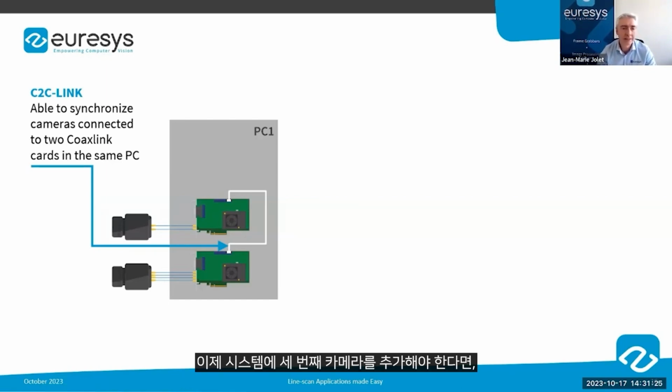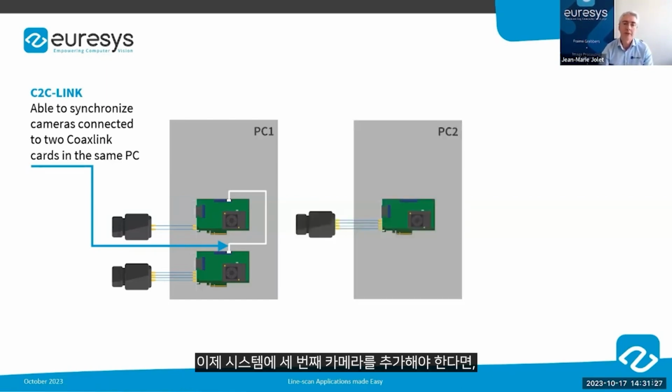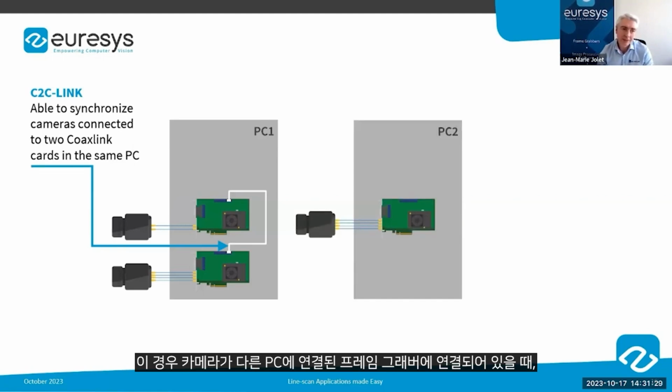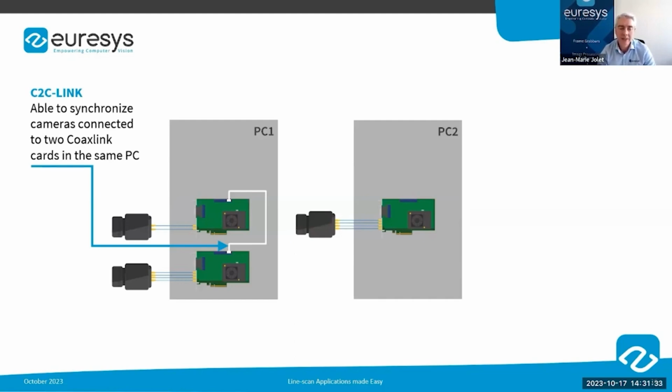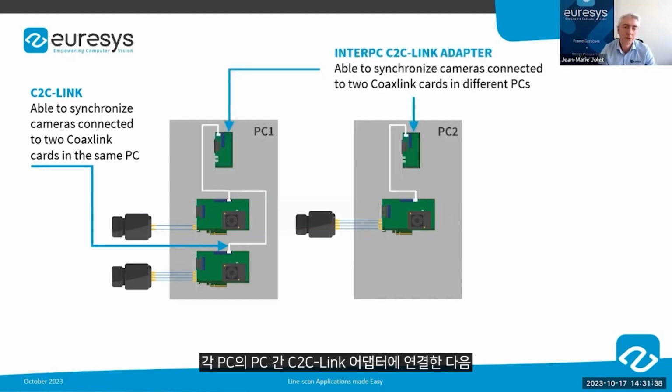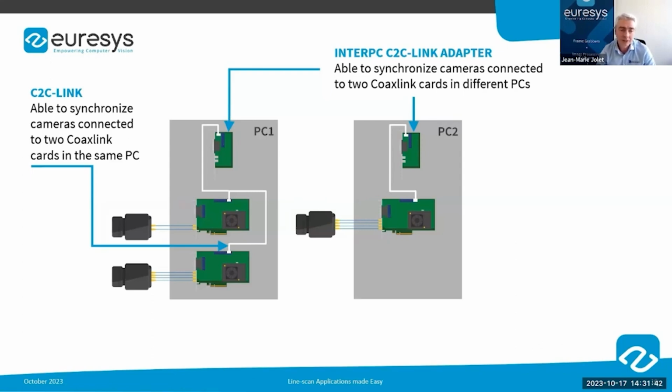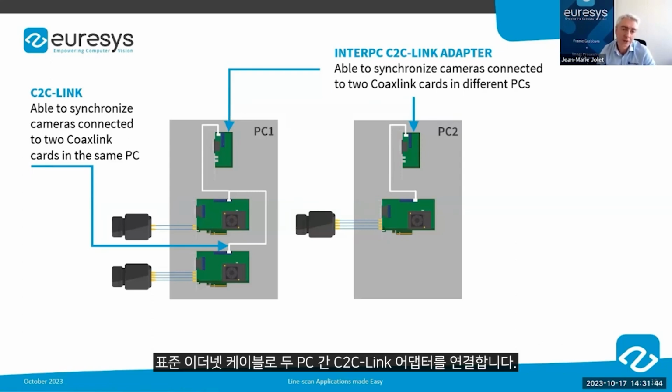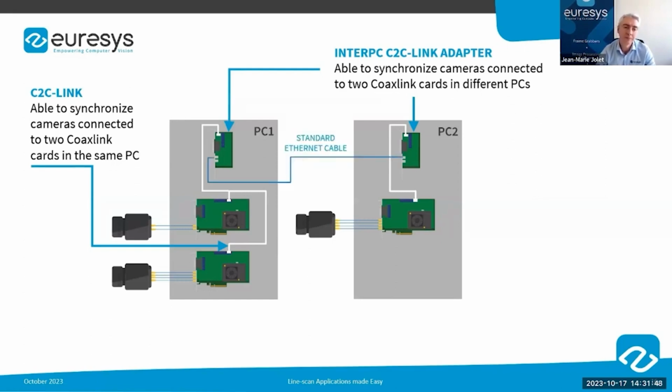Now if we need to add a third camera to the system, but this camera is connected to a frame grabber plugged in a different PC, the first thing we have to do is connect each frame grabber to an inter-PC C2C-link adapter in each PC, and then connect both inter-PC C2C-link adapters with a standard Ethernet cable.